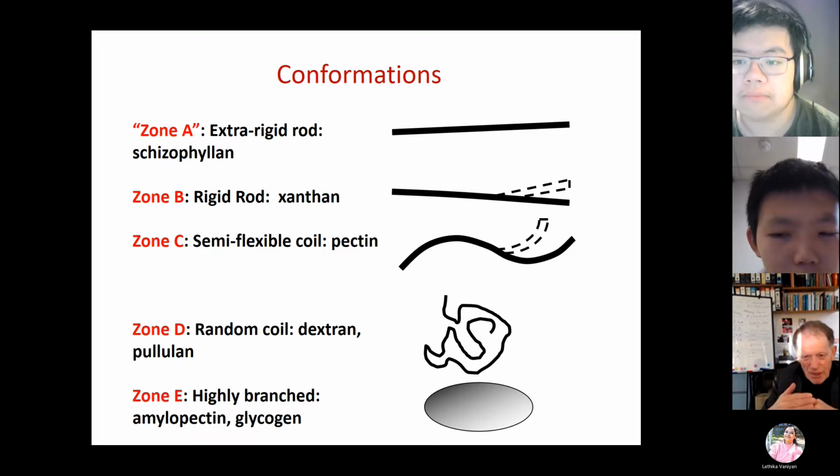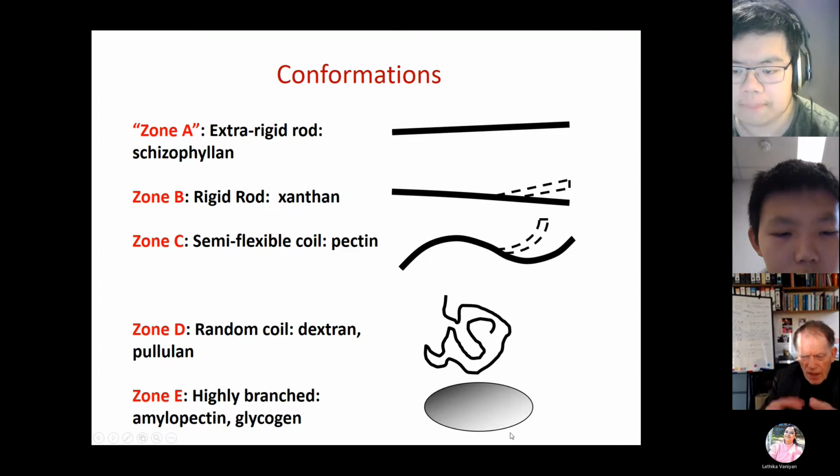double helical properties and also its highly charged properties. Appears to adopt a rigid rod, but with some degree of flexibility, unlike schizophyllan. Then pectins, semi-flexible coil-like molecules, and then the random coils, dextrans and pullulans, which have these very flexible floppy types of conformation.